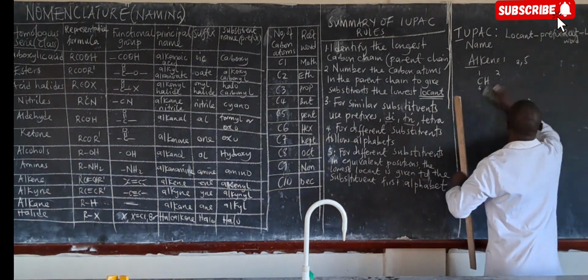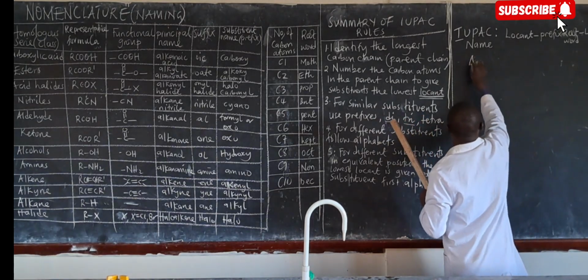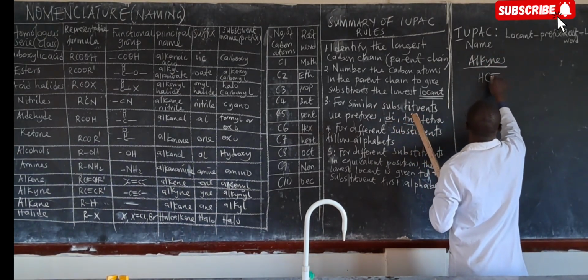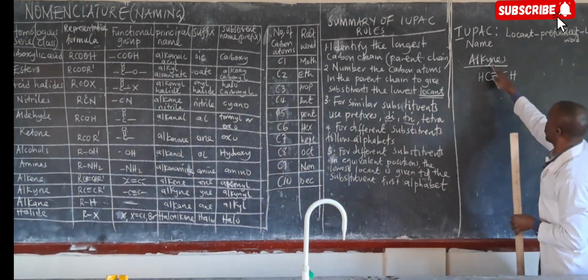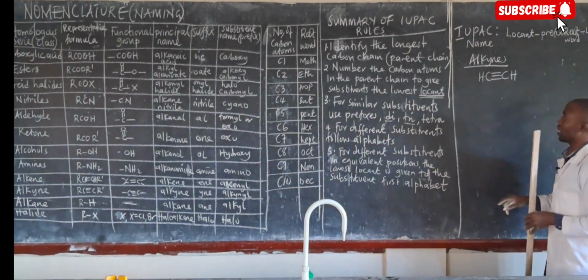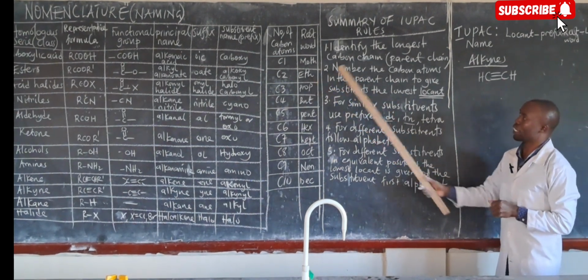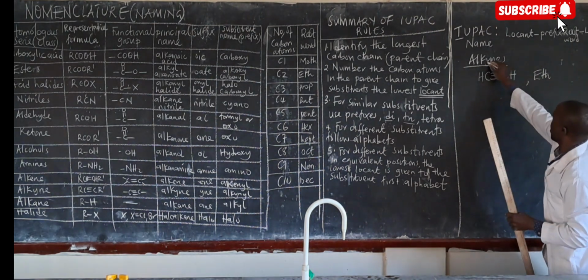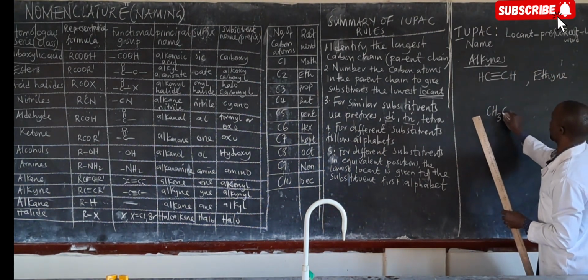So let's have a case for alkynes here. So in alkynes, of course, the suffix in alkynes is yne. Yne is the suffix. So this having 2 carbon atoms, the root word is eth. So eth with the suffix yne. So let's try to check on this.